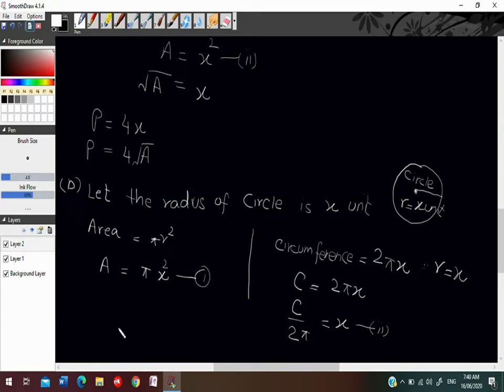A is equals to pi times C divided by 2 pi, whole square. We have used the value of x in this equation. So pi C square divided by 4 pi square. And when we simplify this equation, we get C square divided by 4 pi.